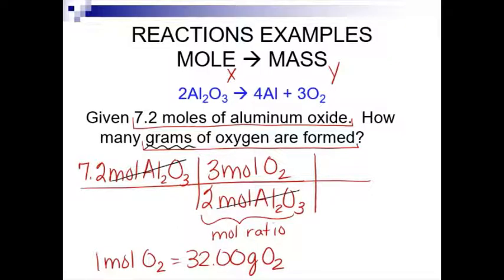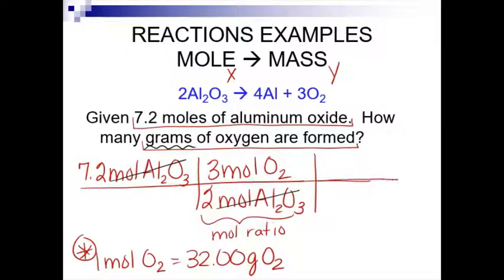Please round correctly. 15.999 does not round to 15.99. It rounds to 16.00. And I'm fine with you just saying 16, and in this case 32. Okay, so anyway, this is your conversion factor. 1 mole of O2, 32 grams of O2.